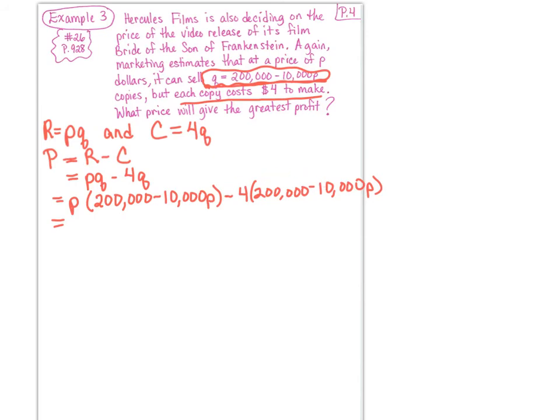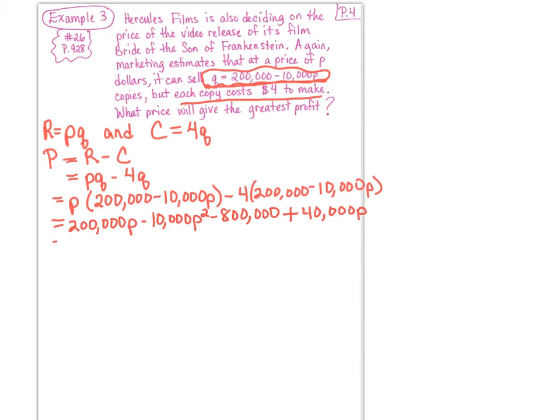Doing that, we get 200,000 P minus 10,000 P squared minus 800,000 plus 40,000 P. So we distributed the terms. Now we combine like terms if possible.